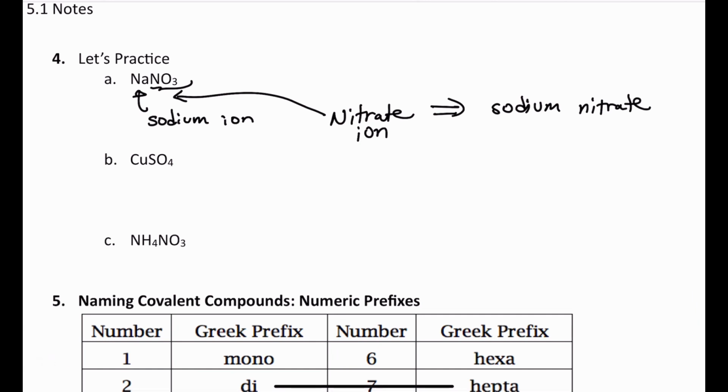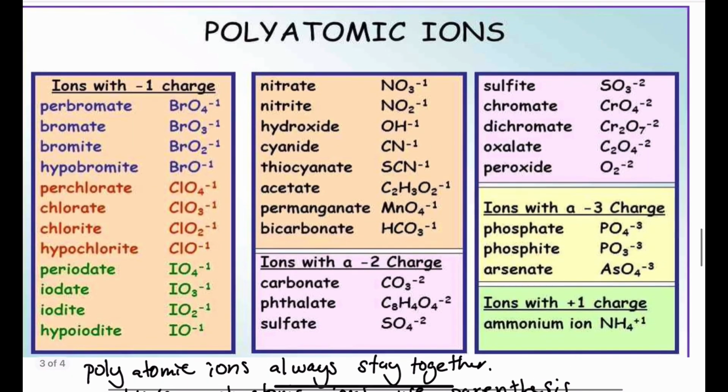So this is the one that you have to use. It's a metal ion, transition metal ion, so we don't know what its charge is. So we have to use the double switch rule to figure out what is what. So it's copper with some charge that we don't know. And then it's SO4. We have to figure out what this charge is up here. So let's go try to find this molecule.